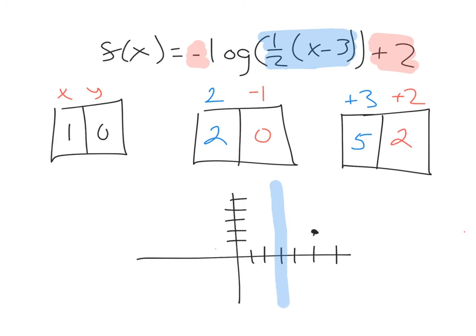Okay, so that's where it's going to be, and that's going to help in drawing. Also, we have to be mindful that it was reflected across the x-axis, so that means it's going to be curving down and to the right. So we go down and to the right, and it should look something like that, and it will stay near that vertical asymptote. So there you go. There's one example.